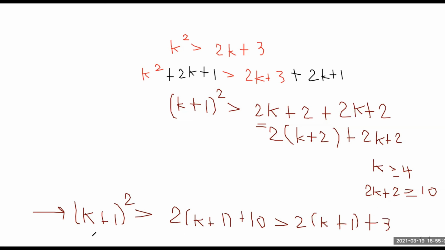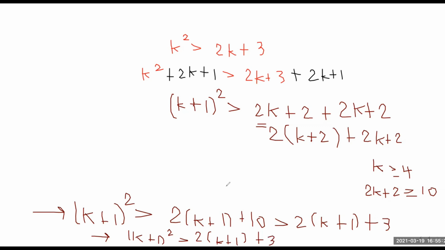So now we can conclude that k plus 1 all squared definitely must be bigger than 2 times k plus 1 plus 3.